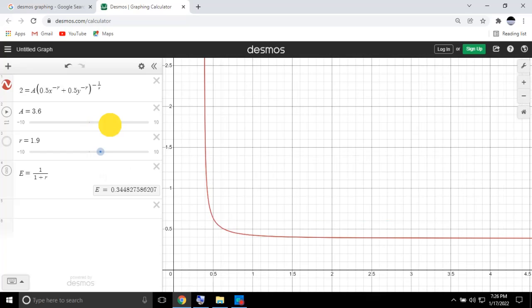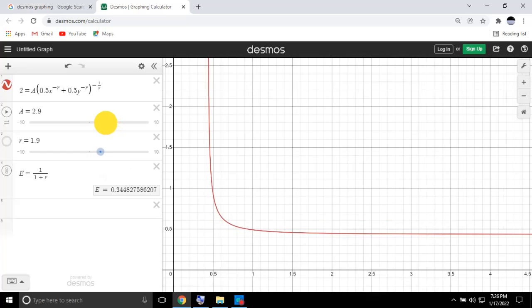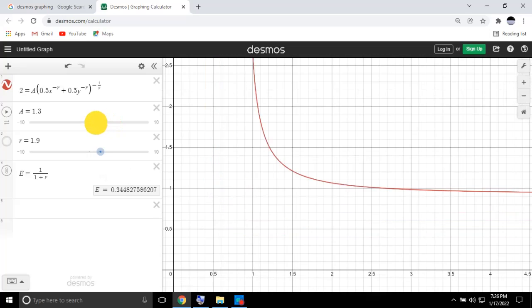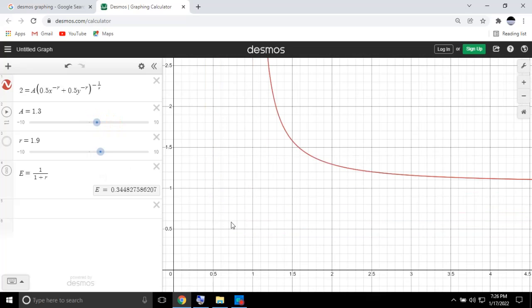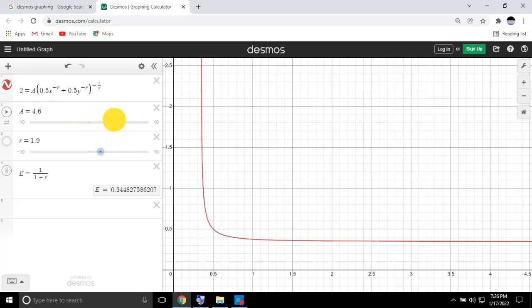And if I decrease the value of A, then the graph moves away from the origin. This is because now to produce the same level of output 2, we require more and more factors of production. This is sometimes called the technological coefficient.